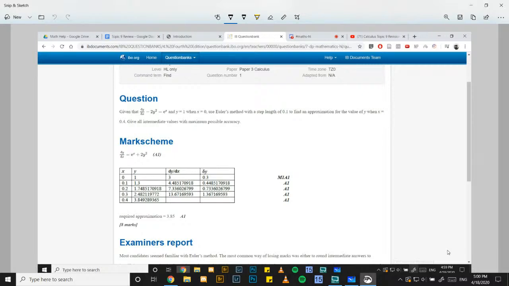It's telling you how you can solve for the differential at any given point by plugging in for y and plugging in for x. When x is equal to 0, y is equal to 1. That's another piece of information they're giving you for this function. So what they're asking you is to find, using Euler's method, which is a computational technique, with step length of 0.1, an approximation for the value of y when x is equal to 0.4.